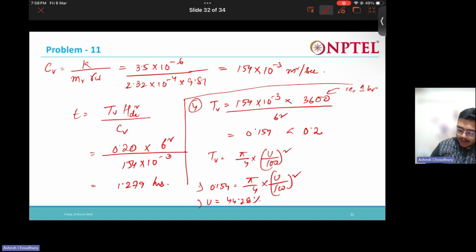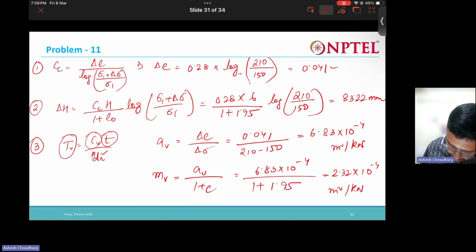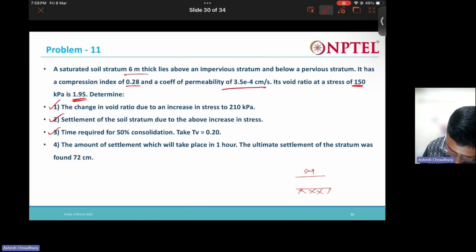Now if in 1 hour 44.28% of settlement is occurring, therefore how much settlement will that be in terms of centimeter? 0.4428 times the ultimate settlement, 72 centimeter.